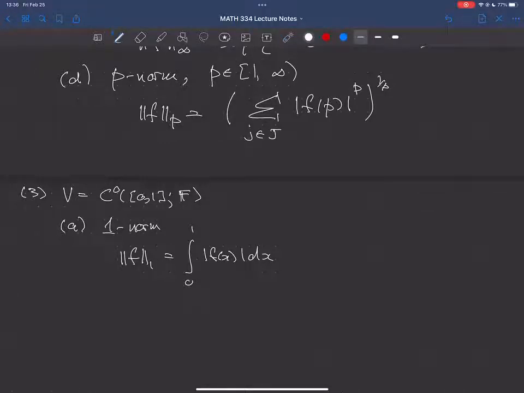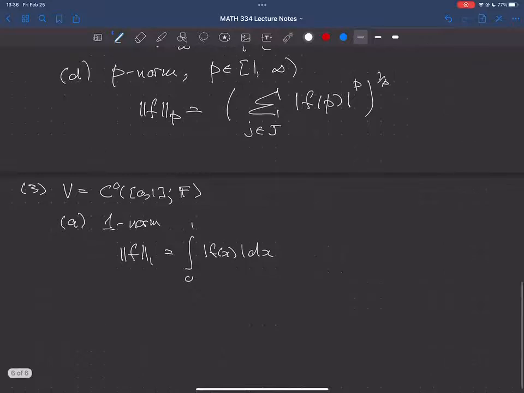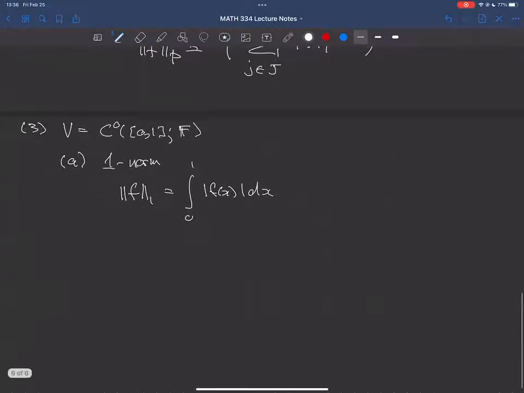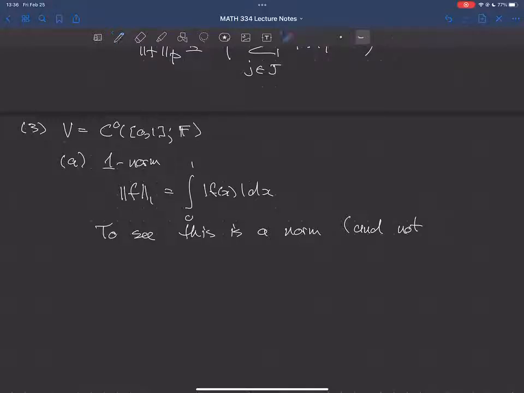Okay, so suppose, and so what I want to do is, so to see that this is a norm, and by that I'm focusing on, and not just a semi-norm. So it's the definiteness property that when you apply this expression to a function, and if that's equal to 0, then the function must be 0.